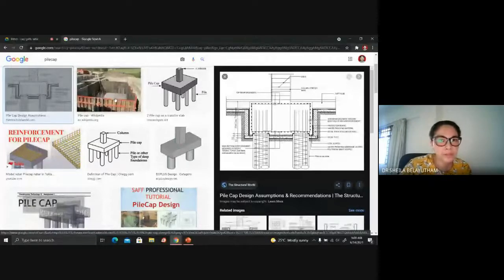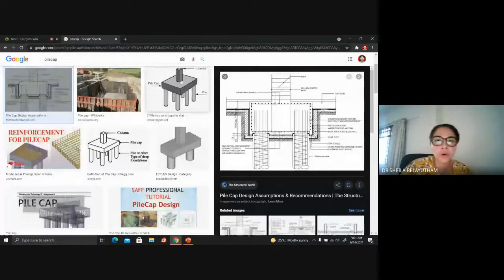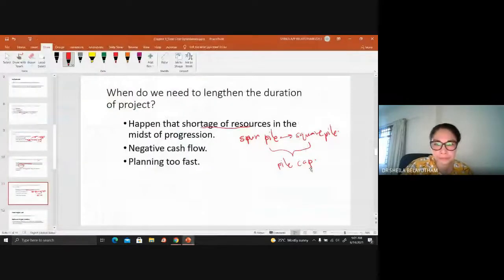You have several piles building up to a pile cap, and from the pile cap you can start having the column on top of it. Your whole column rests on the pile cap, and your pile cap delivers the force to the bedrock through the pile. The difference is if you are trying to use spun pile, for example.